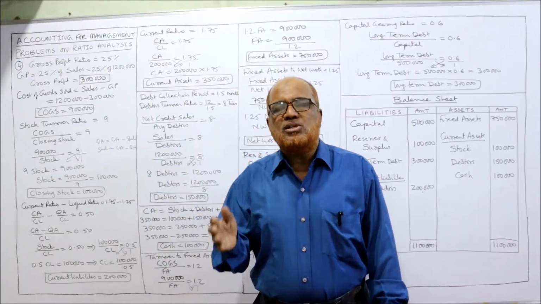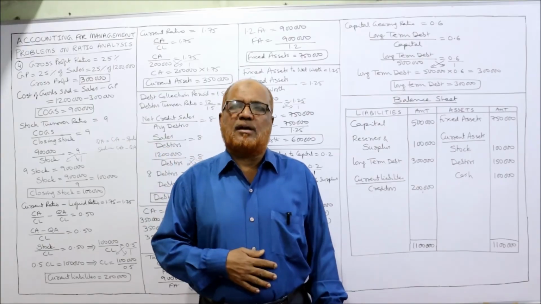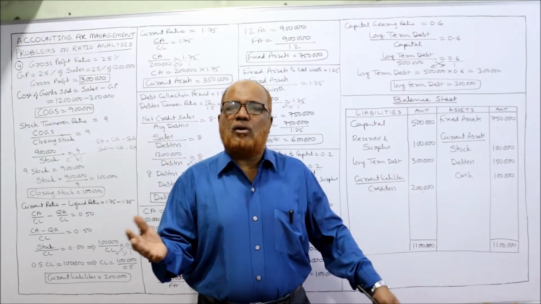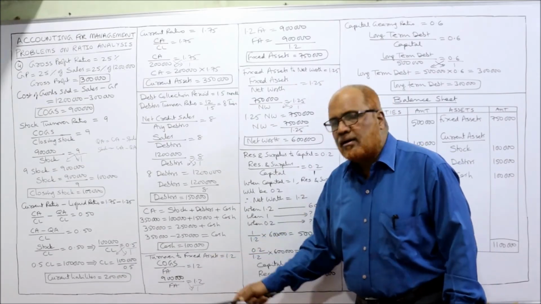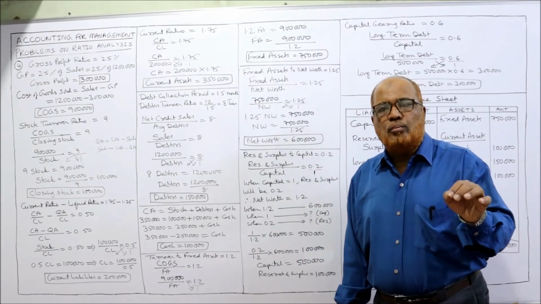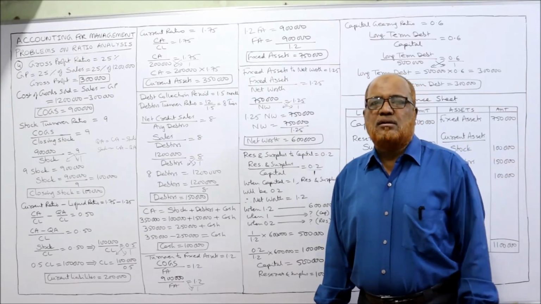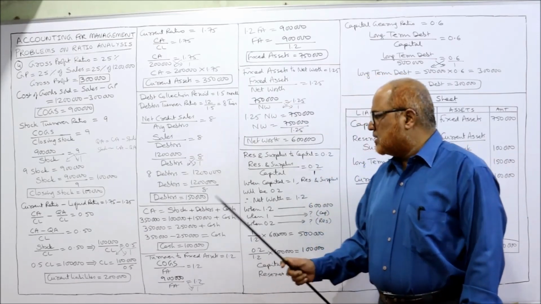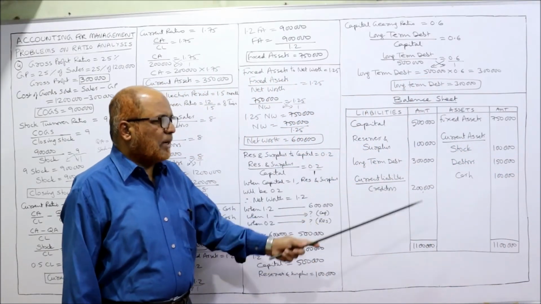Actually current liability consists of creditors, bills payable, bank overdraft, so many items. But in our problem we are not given all the values. Only current liabilities we got, 2 lakh. So we assume current liability to consist of creditors. So here I have taken current liability creditors 2 lakh.